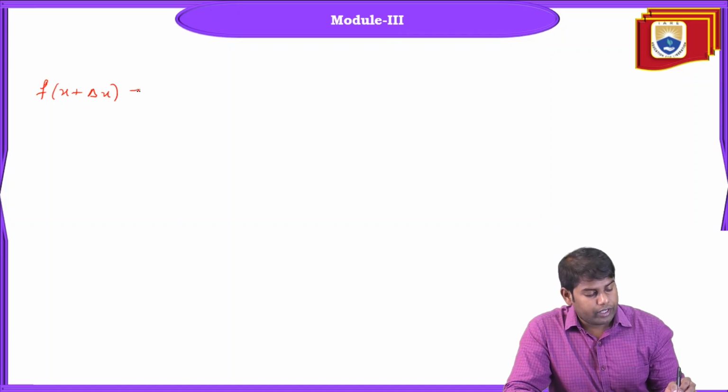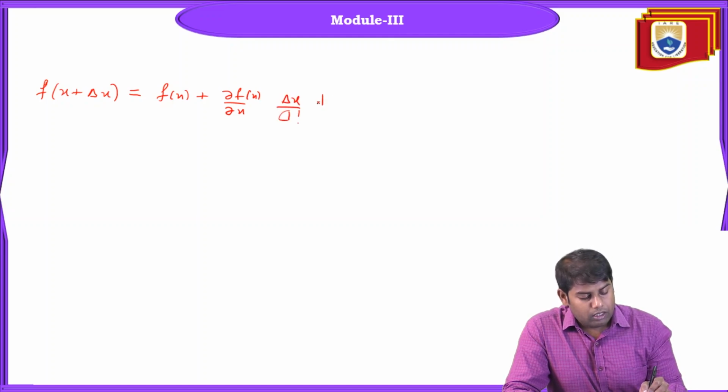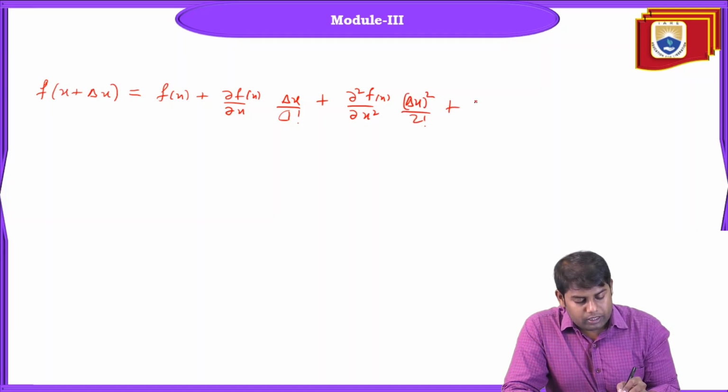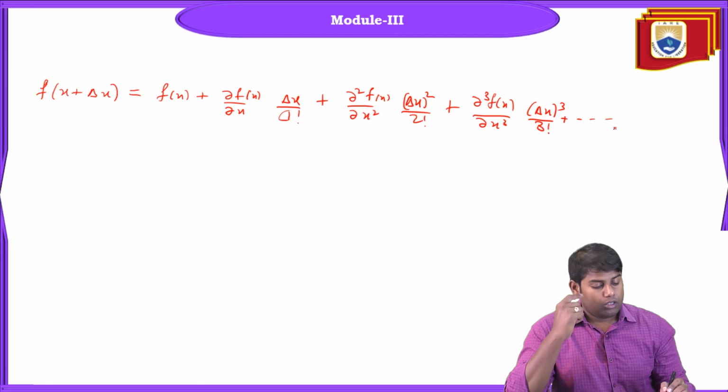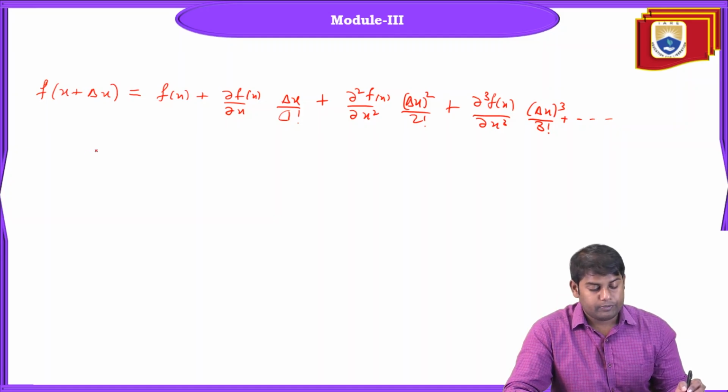Using Taylor series expansion, f of x plus delta x equals f of x plus dou f by dou x into delta x divided by 1 factorial, plus dou square f by dou x square into delta x square by 2 factorial, plus dou cube f by dou x cube into delta x cube divided by 3 factorial, and so on. This is what we have for the forward difference.